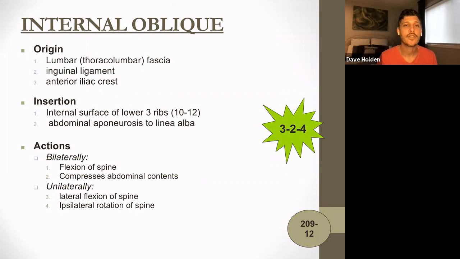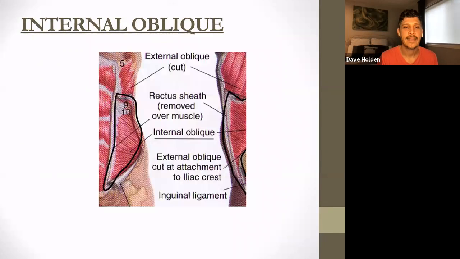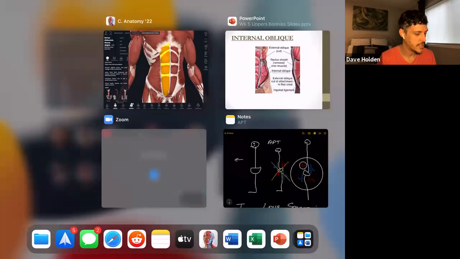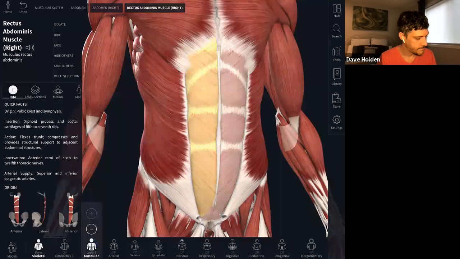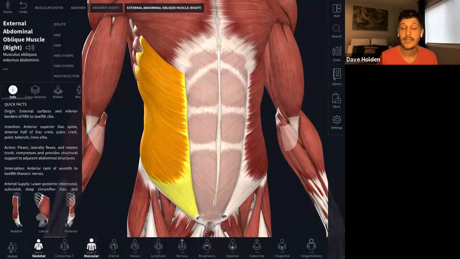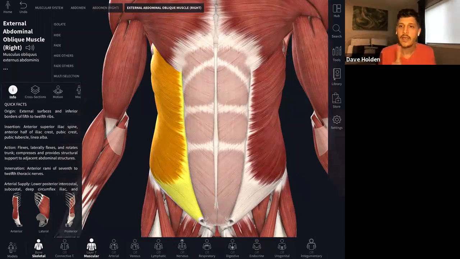All right. The internal oblique and the external oblique. I've got a few notes before we start. But first, the external oblique is called the external oblique because it's the one on the outside. Notice the oblique muscles. First of all, the name oblique means at an angle or sloped.